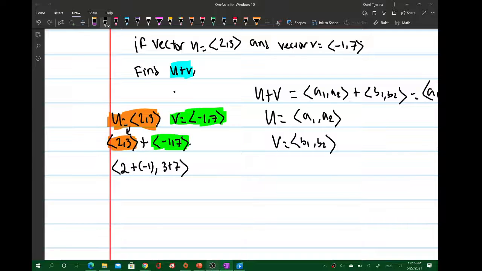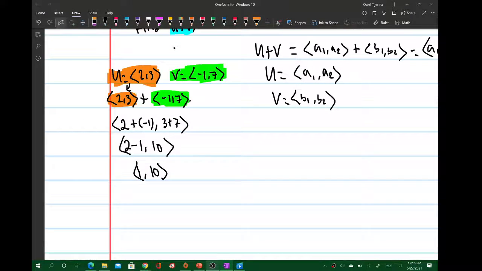Okay. 2 plus negative 1 is 2 minus 1. 3 plus 7 is 10. So 2 minus 1 is 1, and then we have 10. So u plus v is 1, 10.